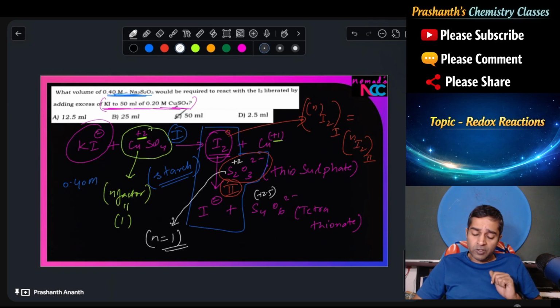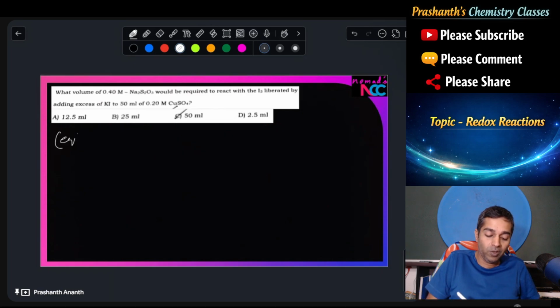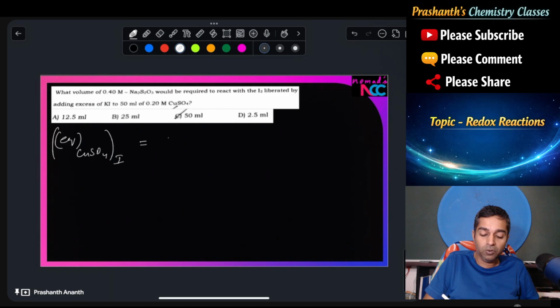Alright, so let's now look at how to play this out. Equivalents of copper sulfate in equation 1 should be equal to equivalents of S2O3 2 minus in equation 2. So let's put this down. Equivalents of copper sulfate in equation 1 is equal to equivalents of S2O3 2 minus in equation number 2.